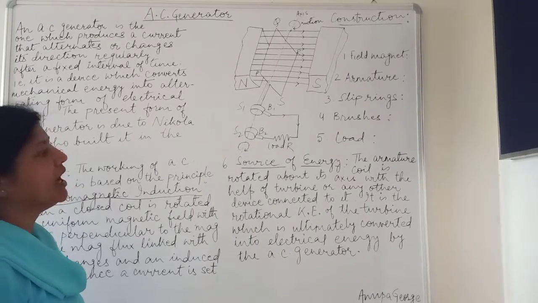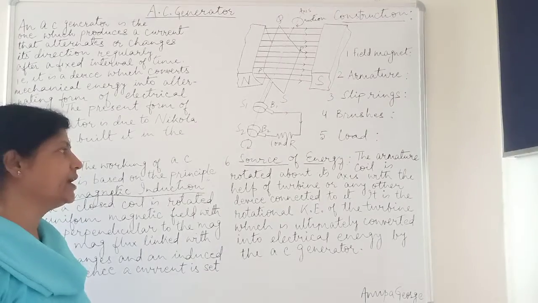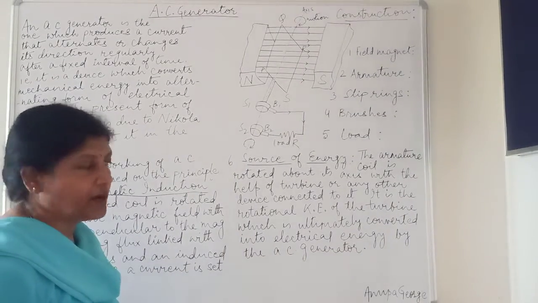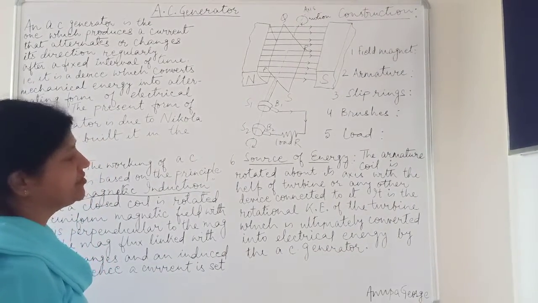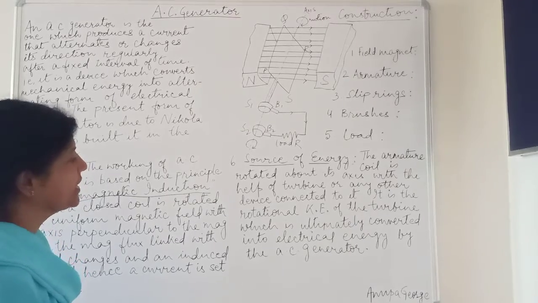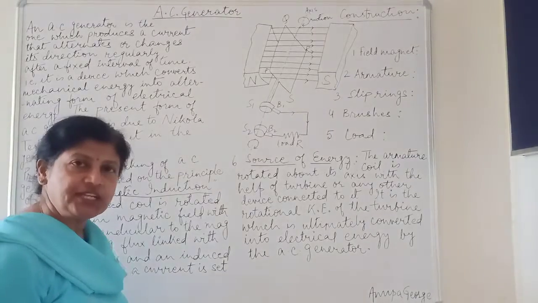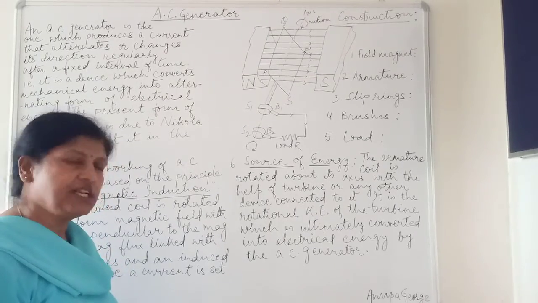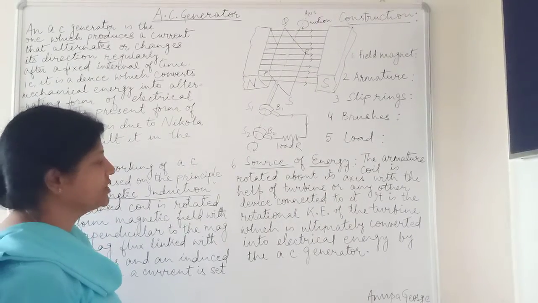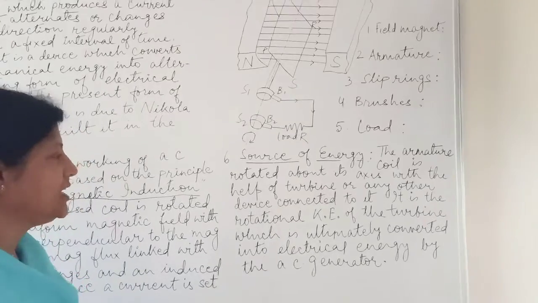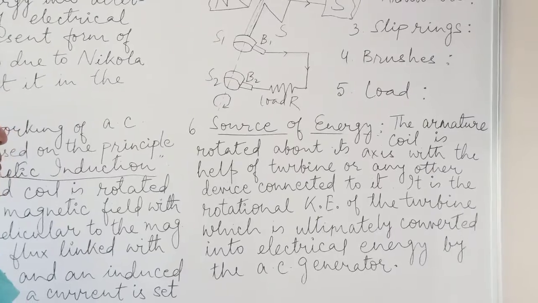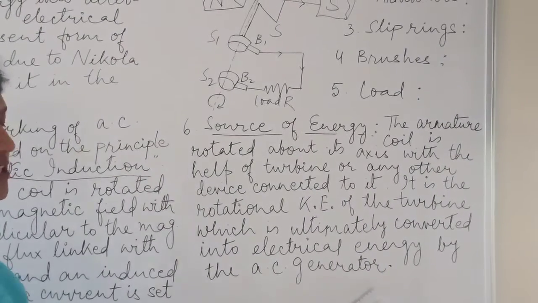The armature coil is rotated about its axis with the help of a turbine or any other device connected to it. It is the rotational kinetic energy of the turbine which is ultimately converted into electrical energy by the AC generator.